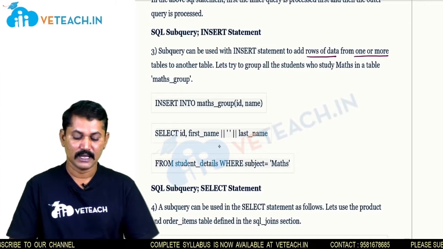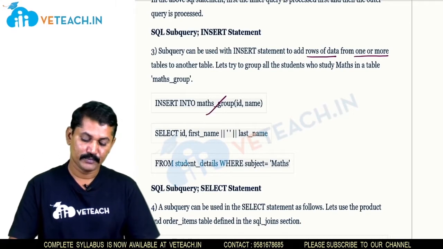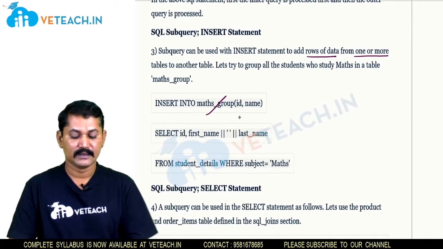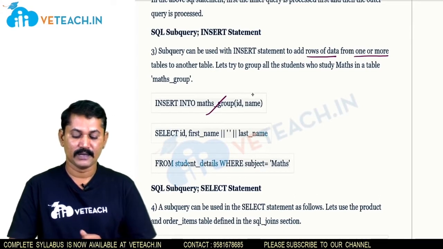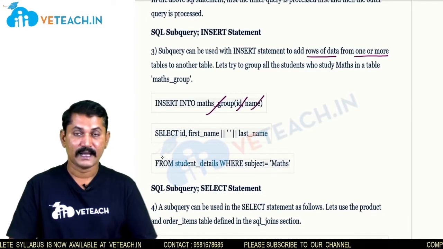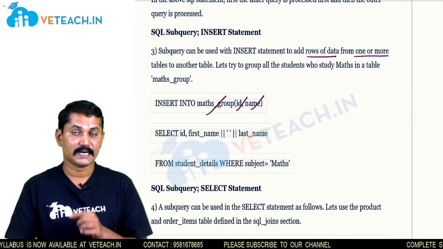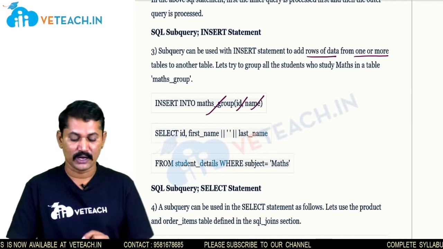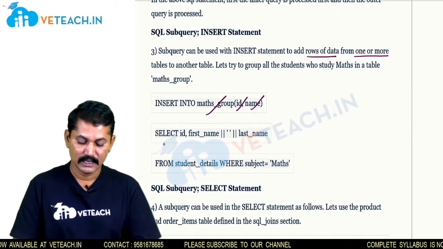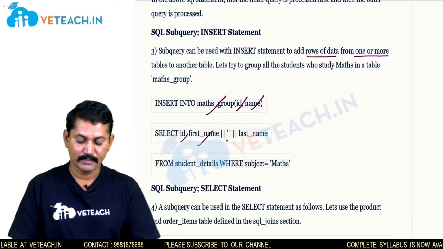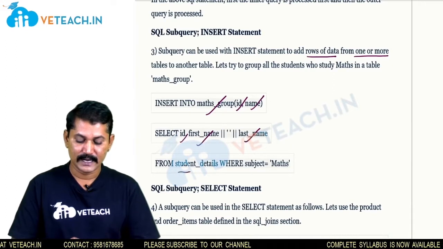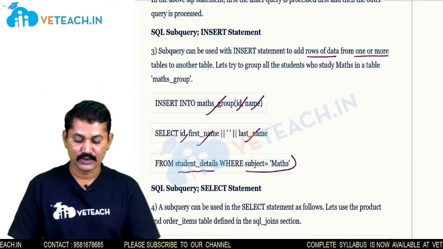tables. See this one, insert into maths group. That means we are inserting the values to the maths group table as ID and name by selecting the values for those two columns from another table. See, select ID, first name and last name from student details where subject is equal to maths.